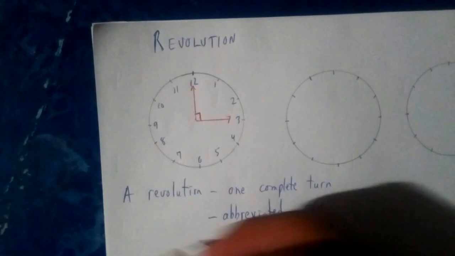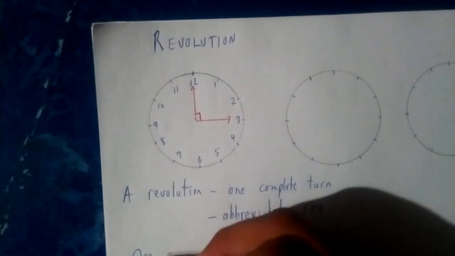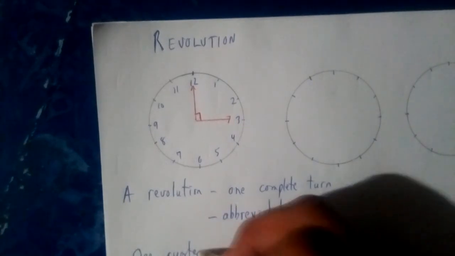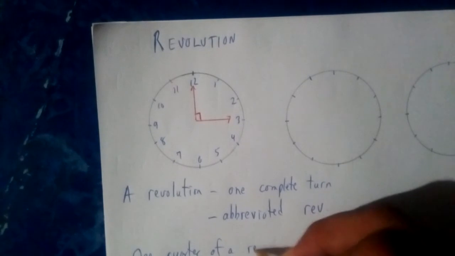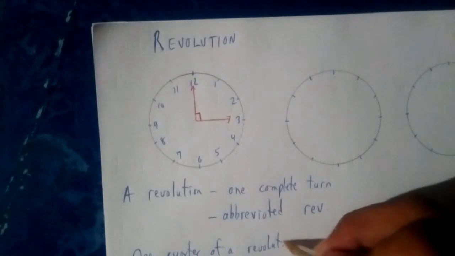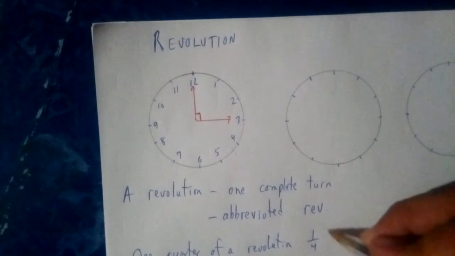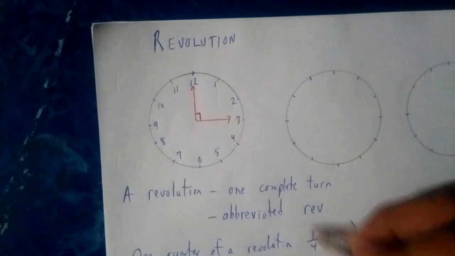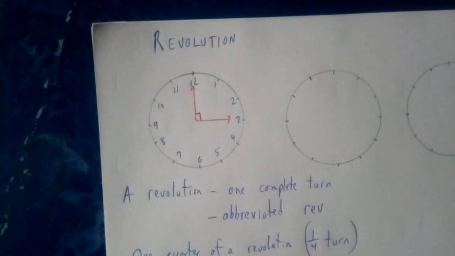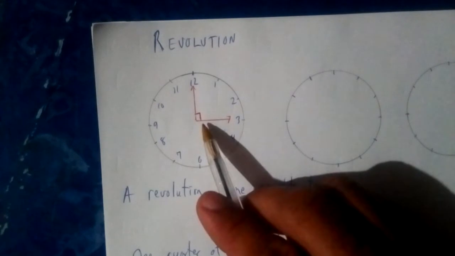1/4 of a revolution can be written as 1/4 turn. And this is one right angle because it is 90 degrees.